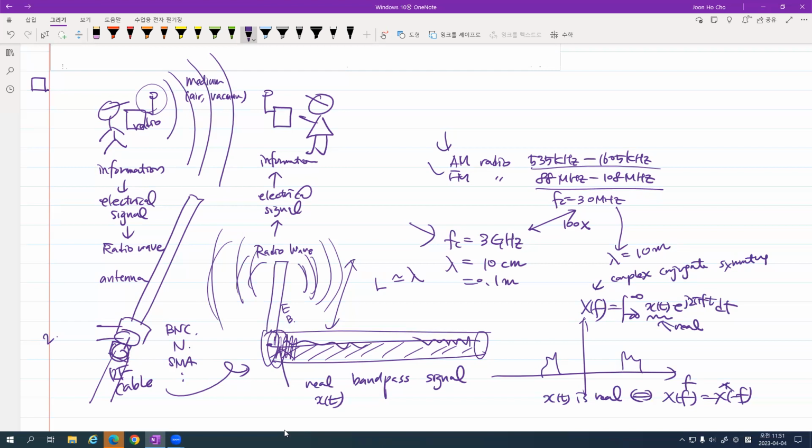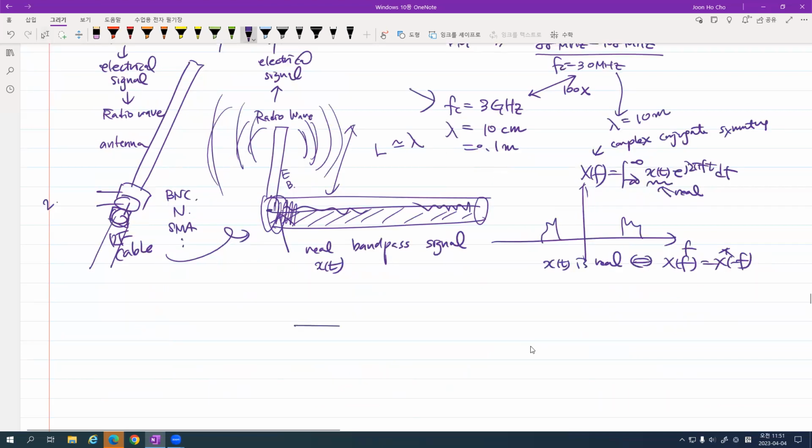Got it? And if you visualize this signal x of t, since this is real, it oscillates very fast, right? And if you count the number of zero crossings divided by 2 within a unit second, then it will be similar to your center frequency, right?